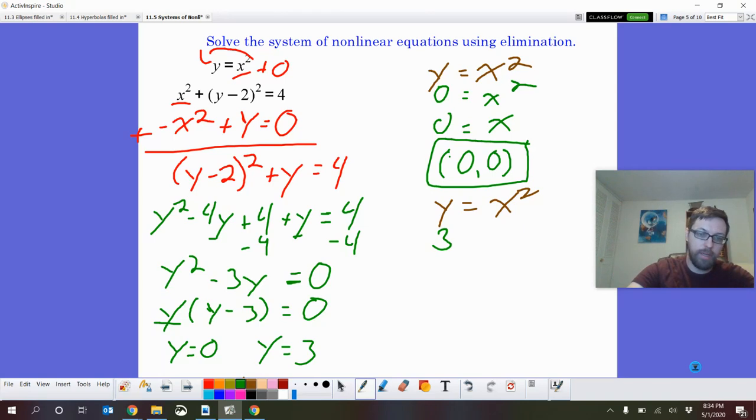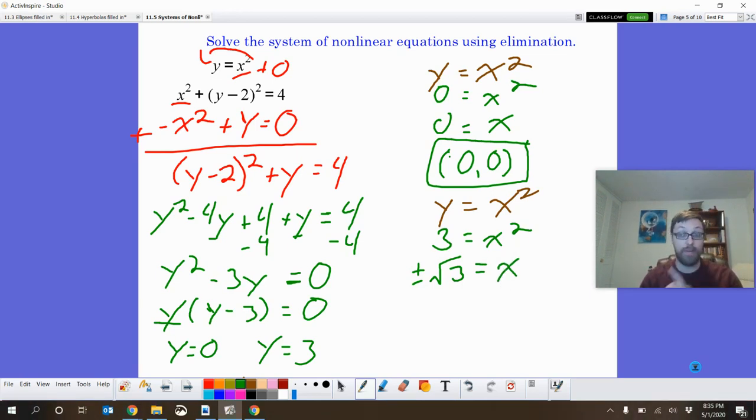Now on the other one, we're going to substitute in that 3. So we get 3 equals x squared. When we square root, we get plus or minus the square root of 3 equals x. The plus or minus didn't really matter with the 0, but it does matter with the square root of 3.